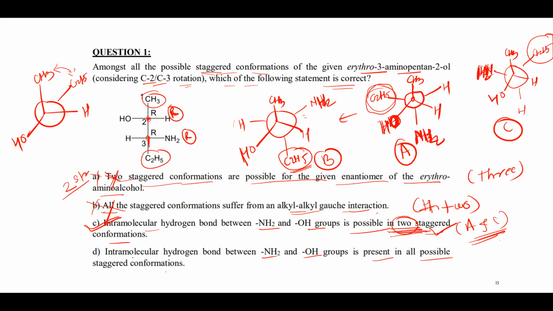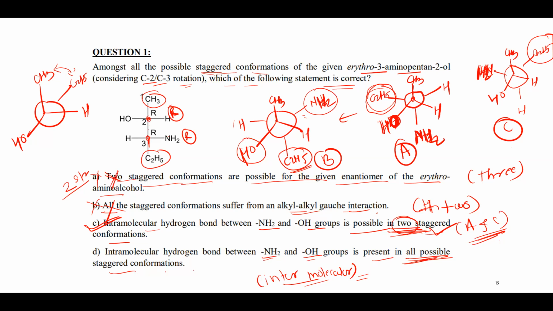And the D option says the intramolecular hydrogen bonding between NH2 and OH group is present in all possible staggered conformations. They have mentioned all possible, but if you see this staggered conformation, the hydroxy group and NH2 group are away from each other, right? By 180 degrees. So there is obviously no interaction present. If they had mentioned intermolecular, then intermolecular interaction by default is possible because two molecules can come close to each other from any direction.